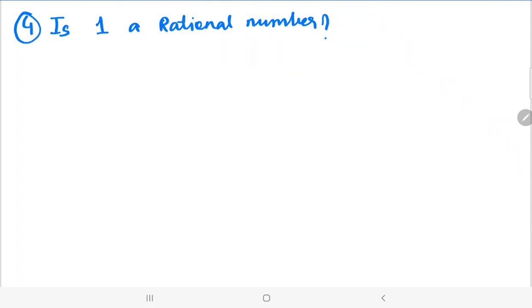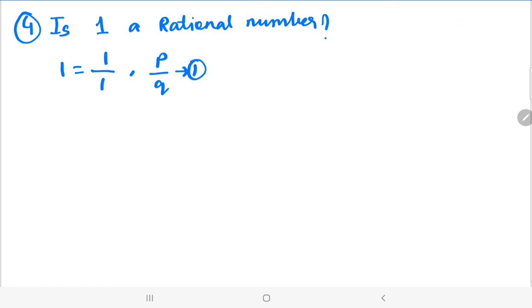So children, the next question is, is 1 a rational number? Let us see whether 1 is a rational number. 1 can be written in the form of 1 by 1, because 1 by 1 means 1 only, right? So 1 can be written in the form of P by Q, which is the first rule.